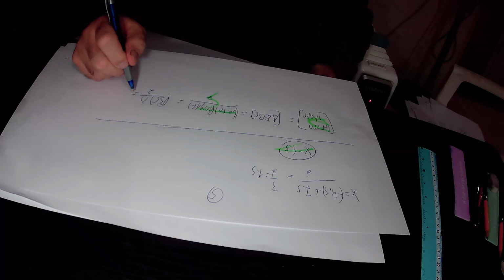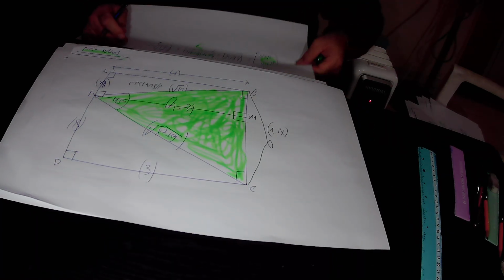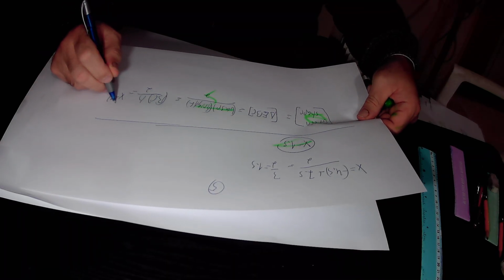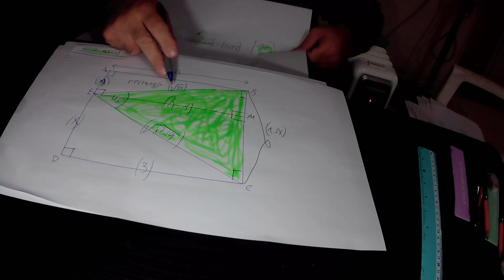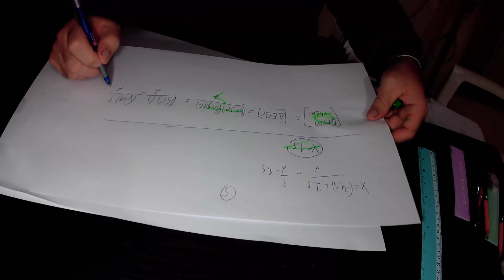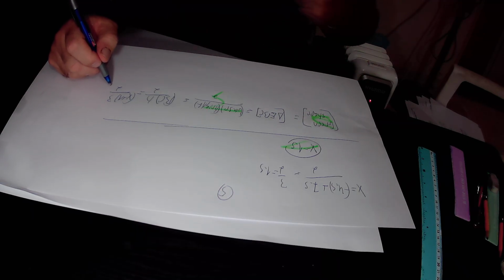We already found out that BC equals 1 plus x plus 1. So BC equals x plus 1, times the height h, which is 3, over 2. X is 1.5 and therefore x plus 1 is 1.5 plus 1, that is 2.5.